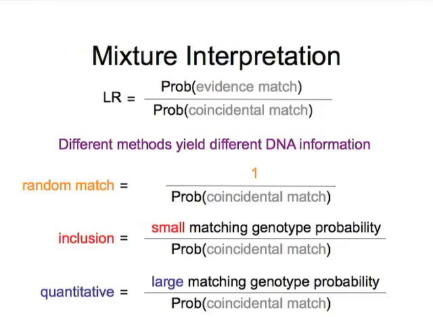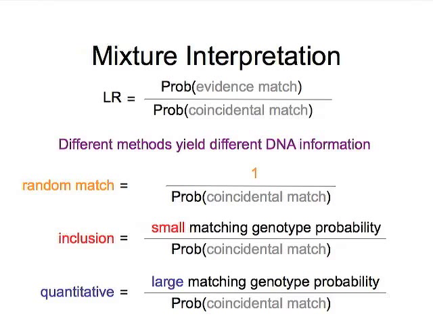Mixture interpretation is interesting because there's more than one possible allele pair on a list at each locus. And again, the likelihood ratio is evidence relative to coincidence, but different methods yield different DNA information. Let me give you 3 examples. Random match probability, when you don't have a mixture or there's a clear major, you write as 1 over the probability of a coincidental match from the product rule.